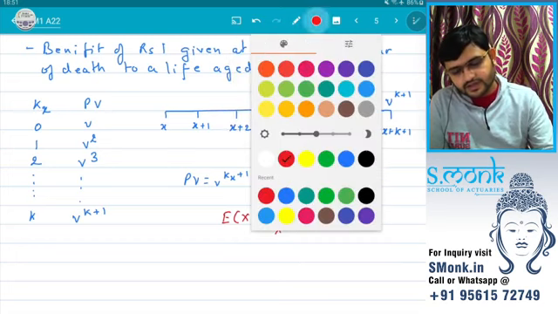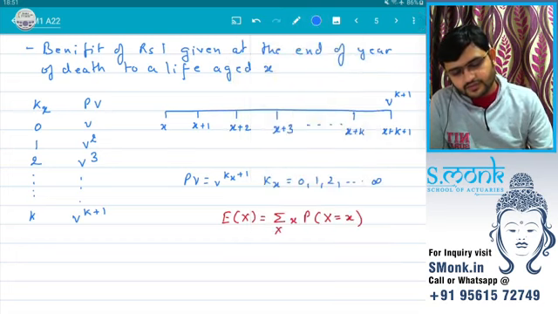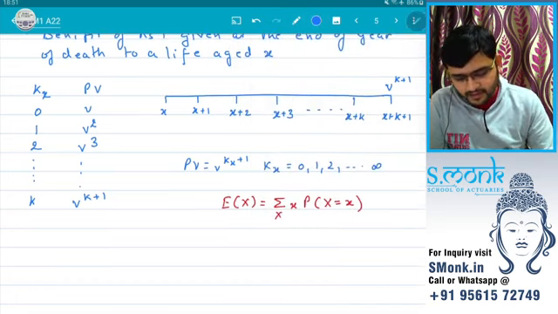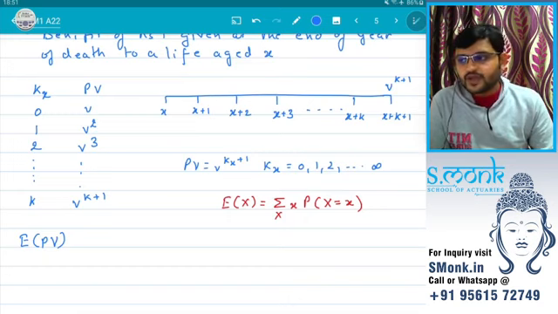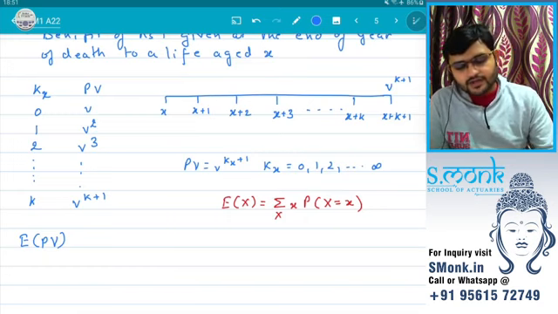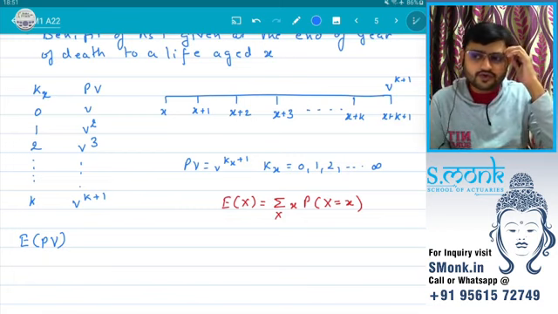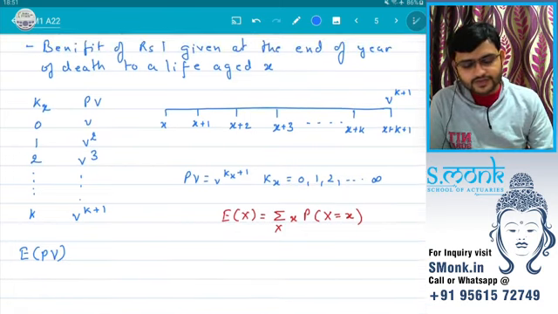This is our formula. So our expected present value is now a variable. It is a variable that is dependent on this kx variable, so it is sort of a function of this variable.